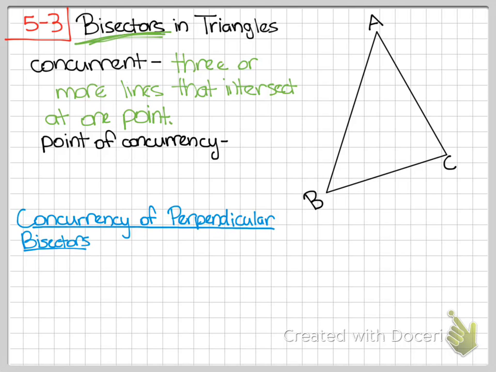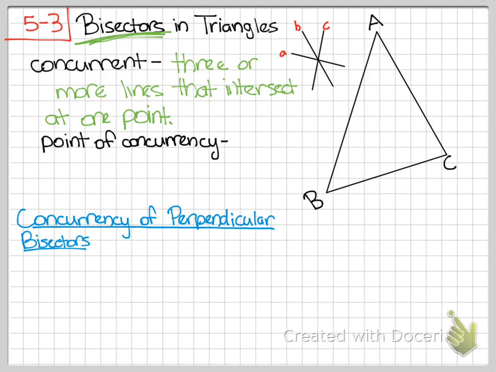So it's no big deal for two lines to intersect at a point. Obviously that's going to happen unless they're parallel. But for three to intersect at the same spot, that's pretty neat. So here, if we were to label these line A, line B, and line C, A, B, and C would be concurrent lines. They all intersect at one point with each other.